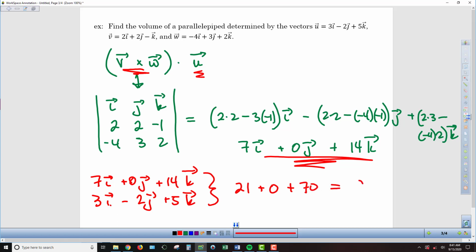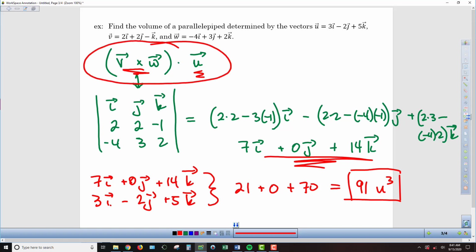So I end up with 91 as my answer, and that is 91 cubic units, or cubic inches, whatever units we're operating with, the volume of the parallelepiped defined by those three vectors. And the nice thing is, it does not matter if we decided to do u cross v and then take the dot product with w, or u cross w and then the dot product with v. We're going to end up with the same answer no matter what.